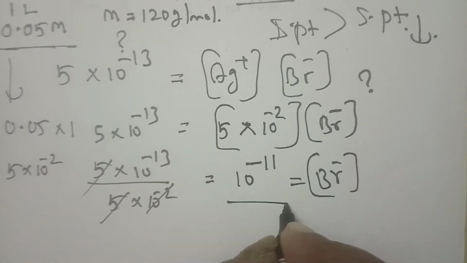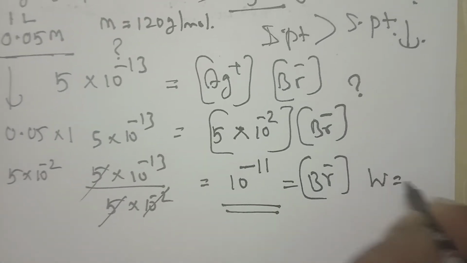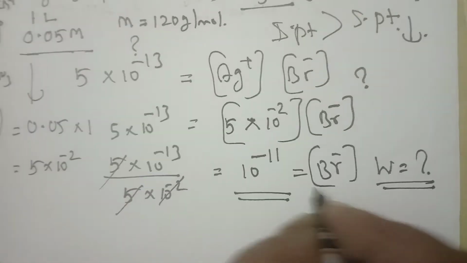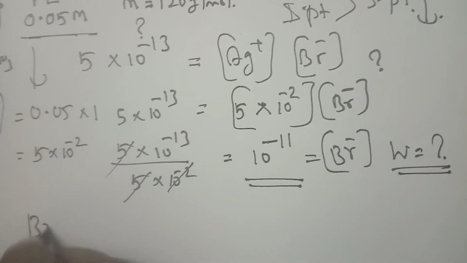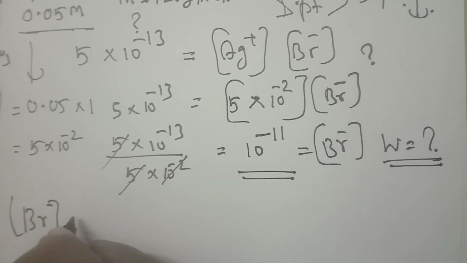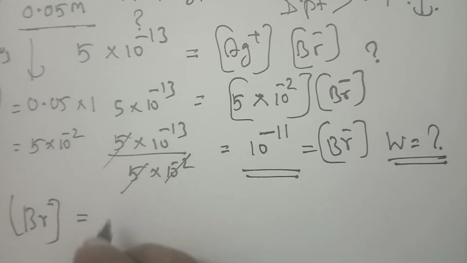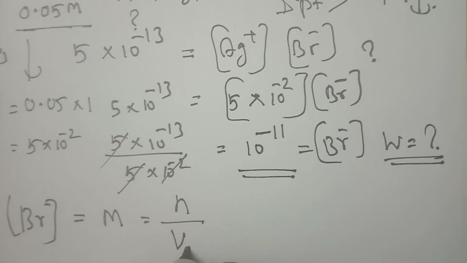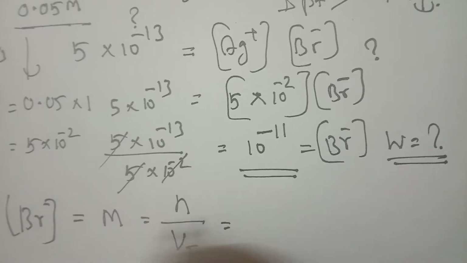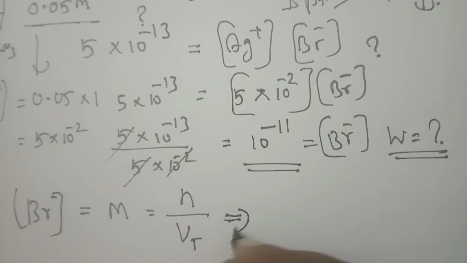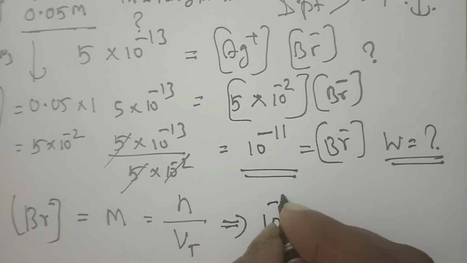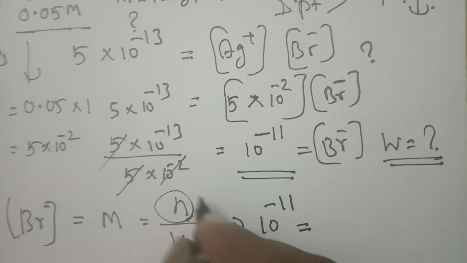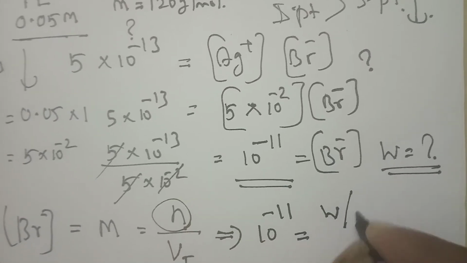Now they are asking the weight of bromide. Let us see the formula of concentration. Bromide concentration is equal to molarity, which is number of moles divided by the total volume. The concentration is 10 power minus 11, equal to n, the number of moles, which is given weight by molar mass.